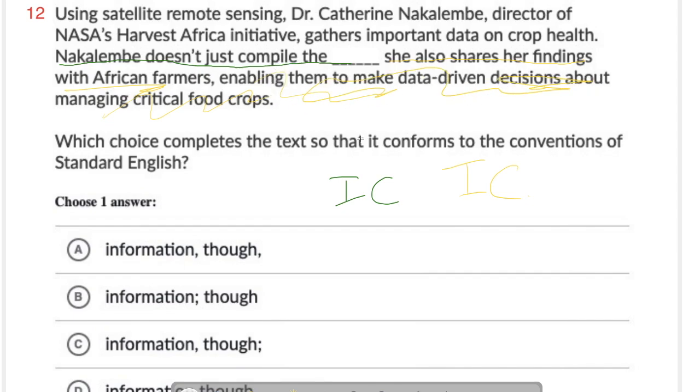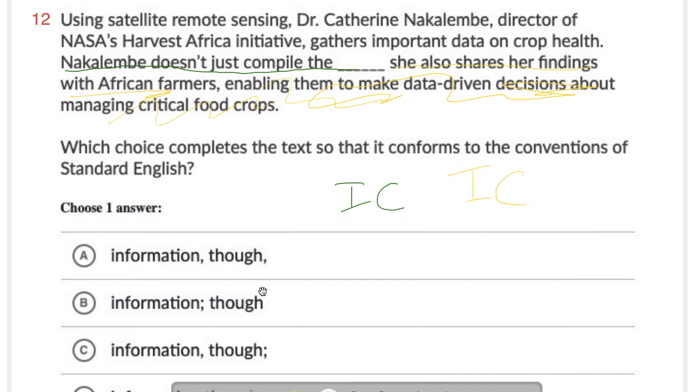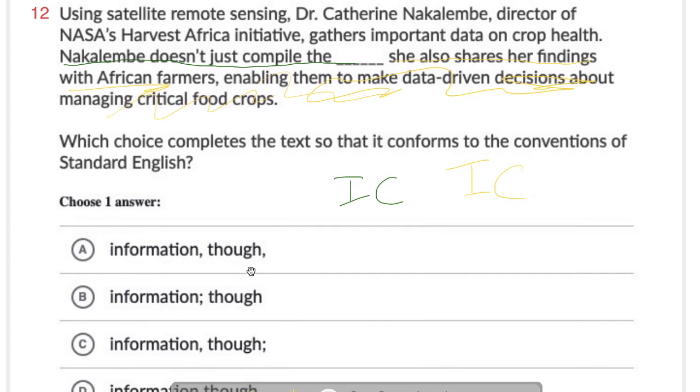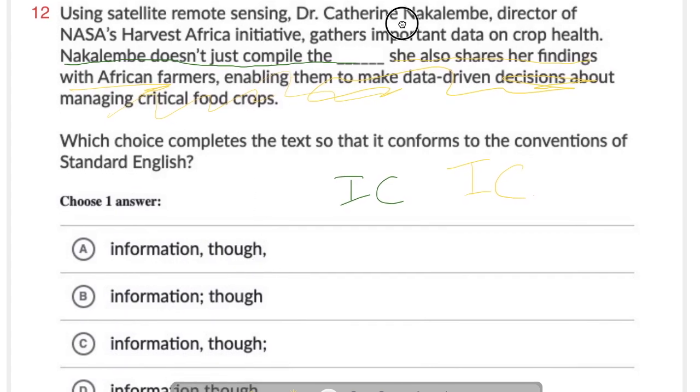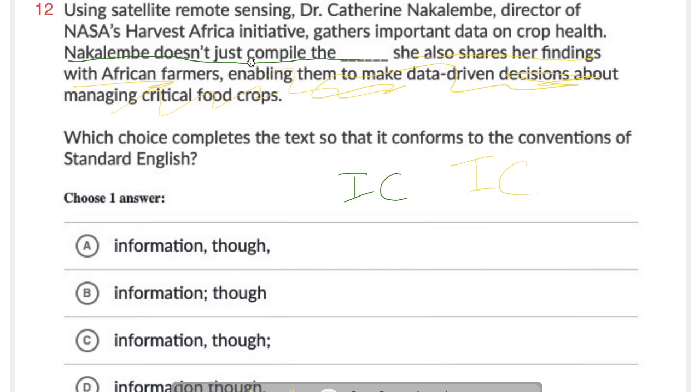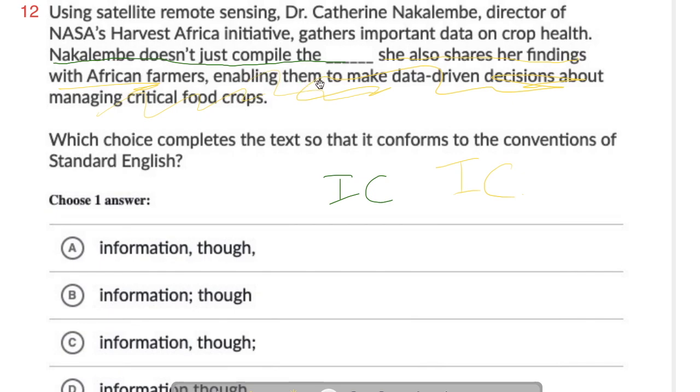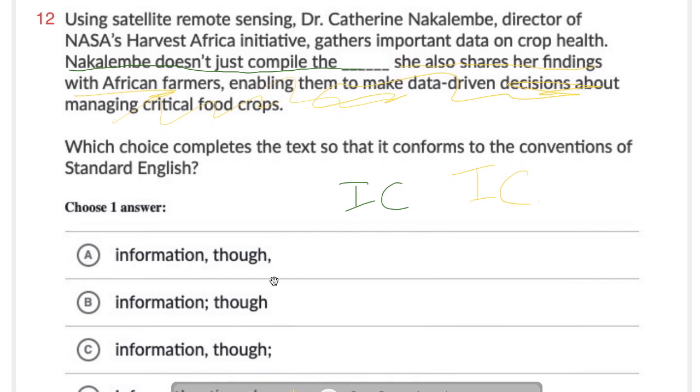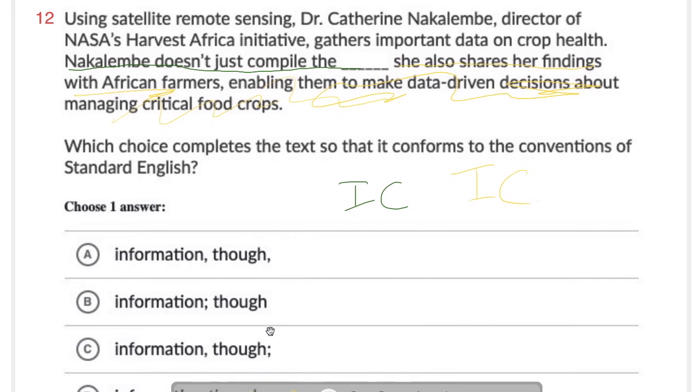We don't need to worry about that. Okay, so she doesn't just compile the data, though. So the contrast that the word though is communicating, that contrast is between the first sentence and this green portion. That might not look green, but it's supposed to be green pen. Okay, that's the contrast. So we want the word though to be part of that first clause.